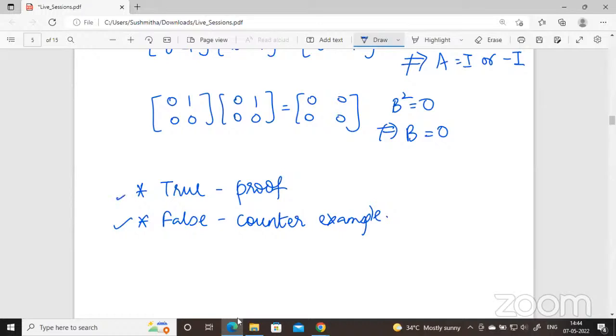Yes, ma'am. So if I want to say something is true, I need to prove it. I cannot say that that person has only 1 head, so every human being on earth will have 1 head. But to say something is false, it's enough if I point out one thing which does not follow that statement.